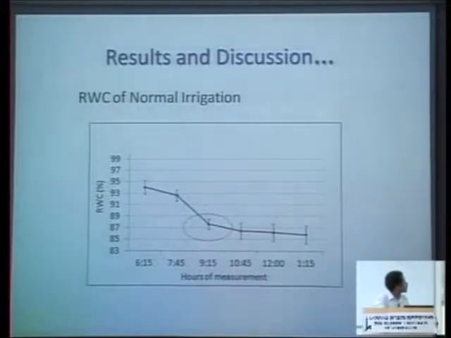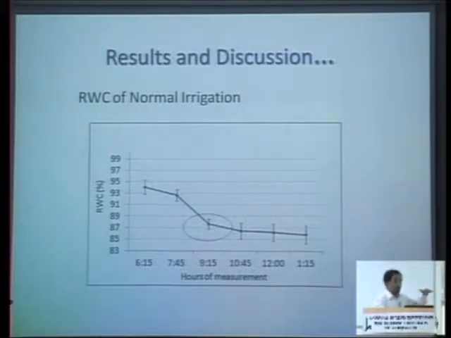It starts decreasing fast, maybe because the sun starts to rise and the transpiration may be higher at this time. But then the plant starts to adjust itself, and the relative water content stops decreasing, becoming more or less constant after 1 hour.